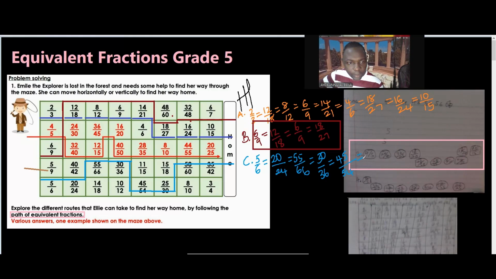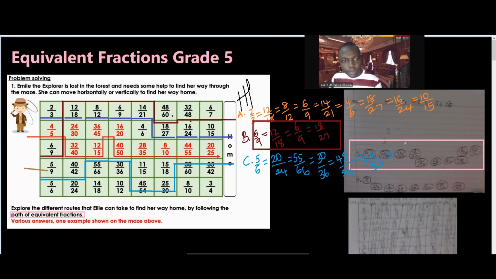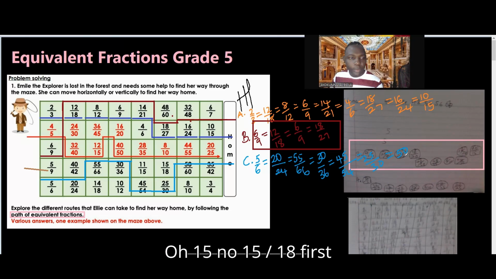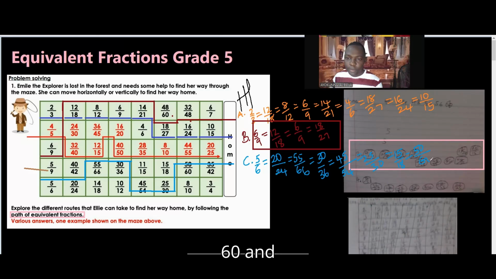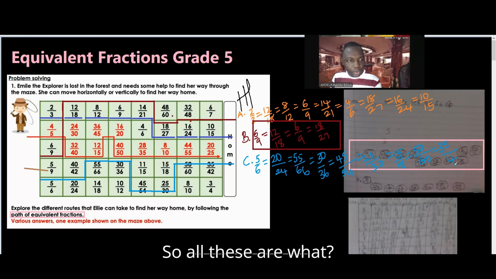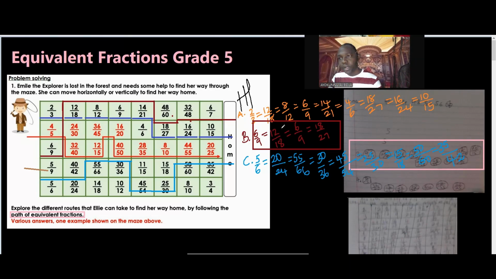Then 25 over 30. And equal to what? 15 over 18 first. Then 50 over 60. Then 35 over 42. So all these are what? Equivalent fractions.